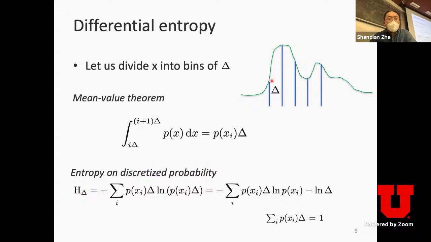The H, in terms of this bin size delta, is defined as the summation over all possible bins, and the probability for each bin is p(x_i) delta. Remember, x_i is some random variable value inside this bin. And then take the logarithm of p(x_i) times delta.